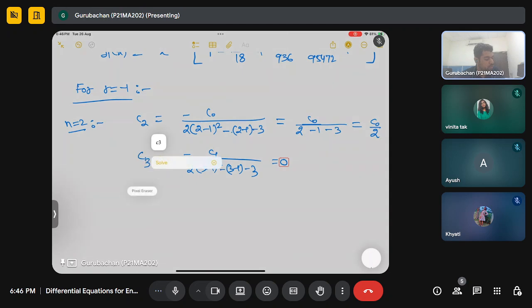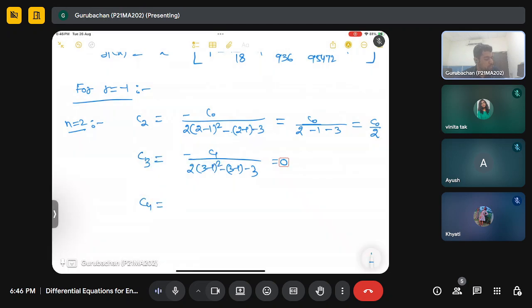Now C4 is minus C2 divided by 2 times 4 minus 1 whole square minus 4 minus 1 minus 3.